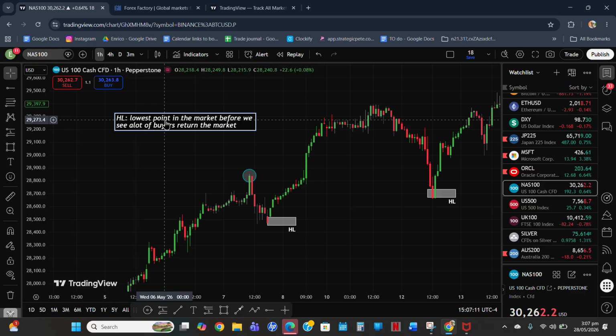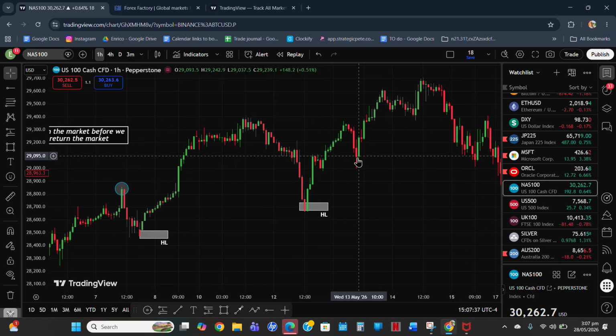Higher low is the lowest point in the market before we see a lot of buyers re-enter the market. Remember, green candles indicate buyers, right? Remember, this was the lowest point in the market before we saw a lot of buyers re-enter the market going up. Same thing.